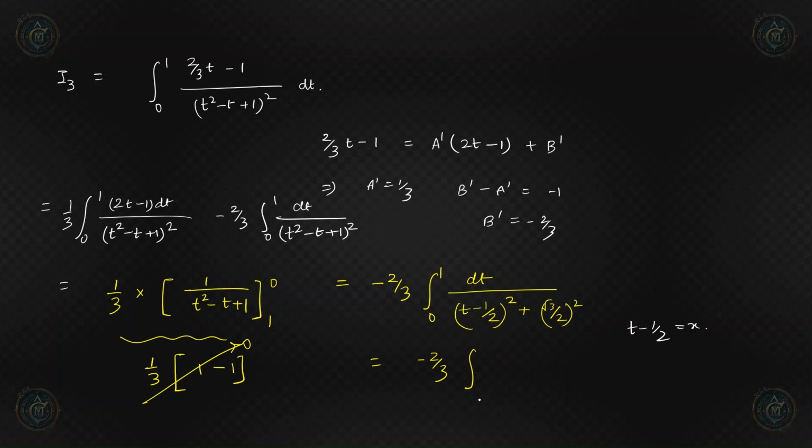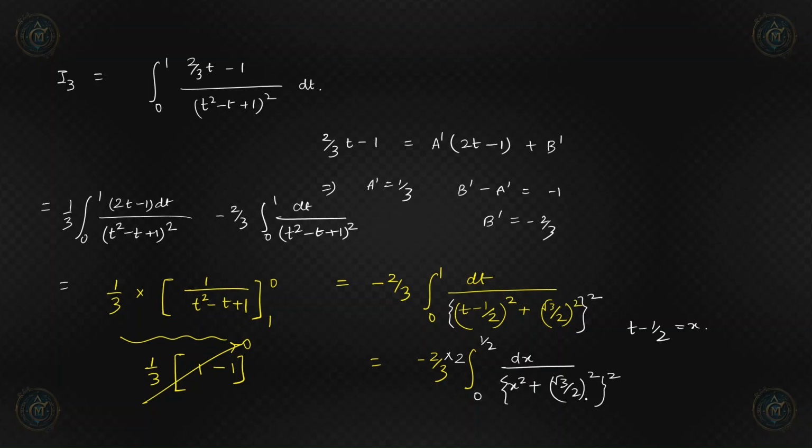So this becomes the integral from −1/2 to 1/2 of dx divided by (x² + (√3/2)²)². This part is basically 2 times the integral from 0 to 1/2, because this is an even function, so we can multiply by 2 here, and we have to take the whole square also.